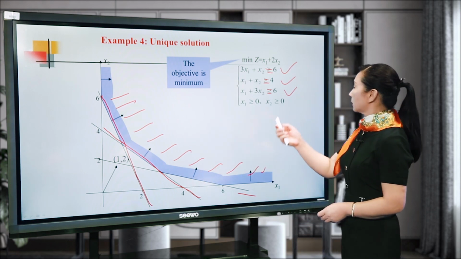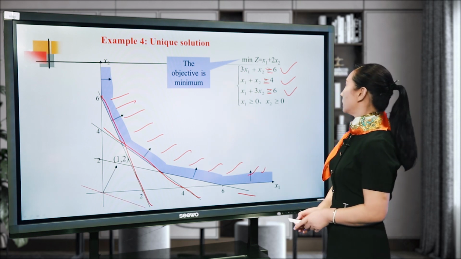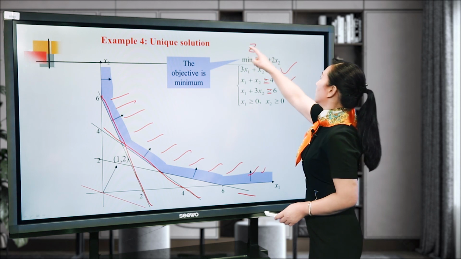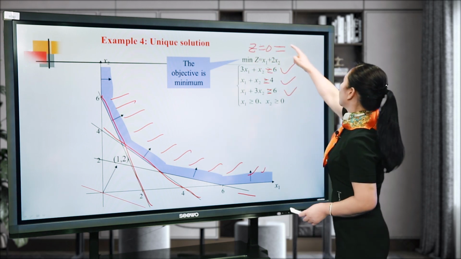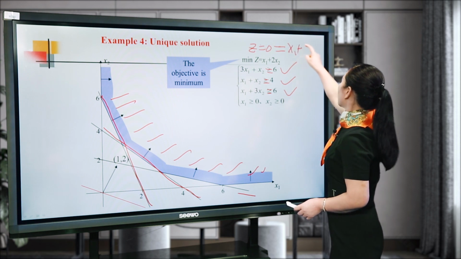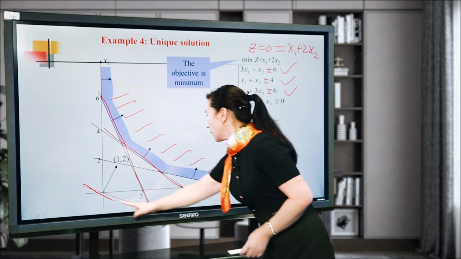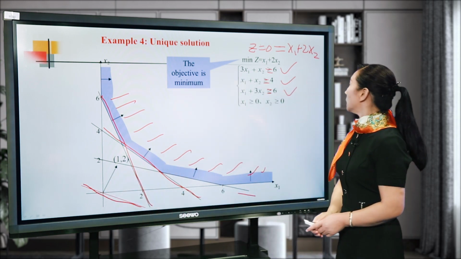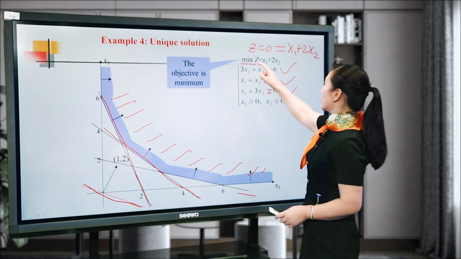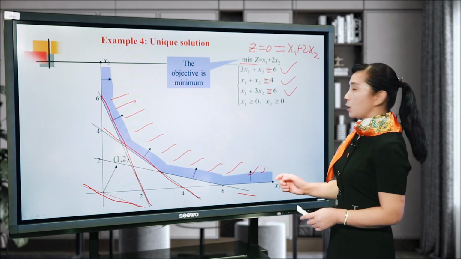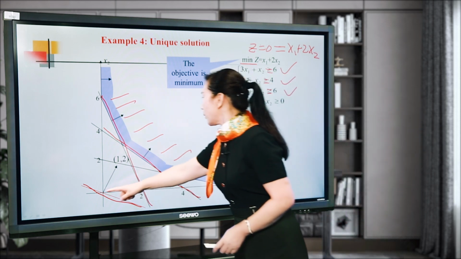And we draw an objective line. We set J to 0, J is 0 and equal to x1 plus 2x2, and we draw this line. And we denote the minimized direction. Minimized direction is the decrease direction, and the decrease direction is this direction.